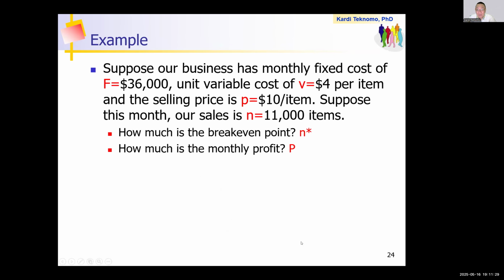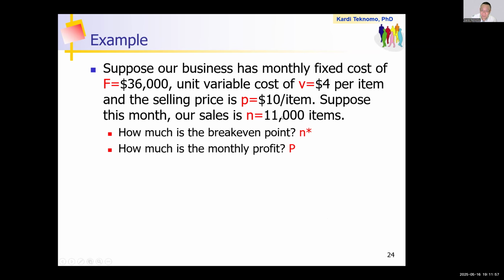So, let's start with an example with numbers. Can you calculate this one? Say you have a business with a monthly fixed cost of 36,000. The unit variable cost is $4 per item. Selling price is just $10 per item. Suppose this sells 11,000 items. This is the demand.